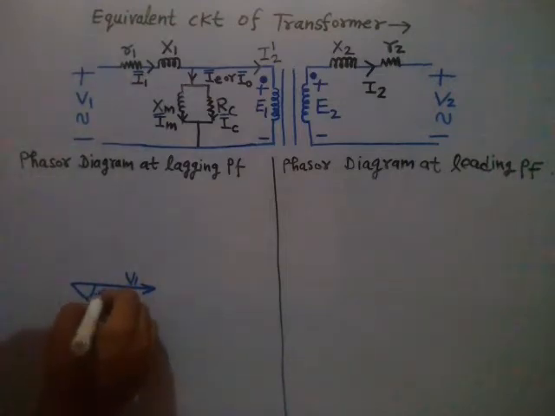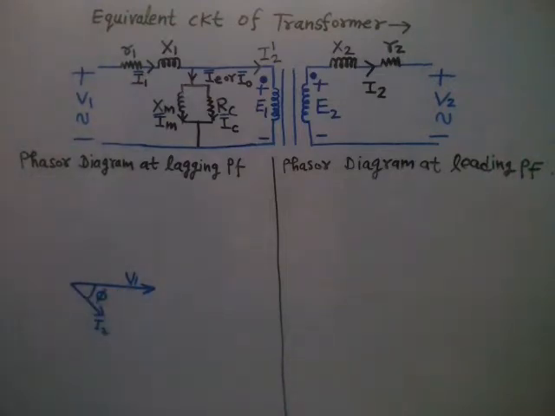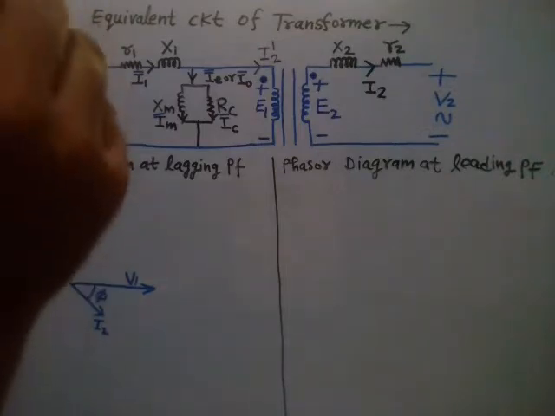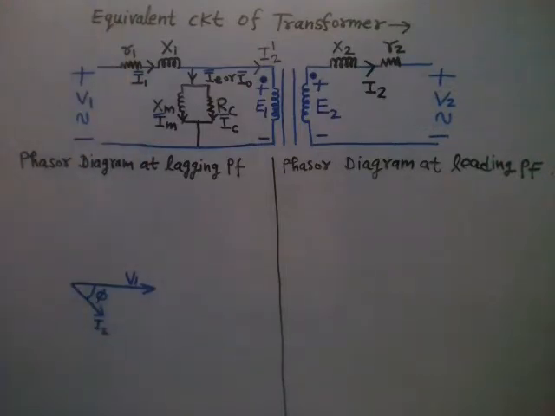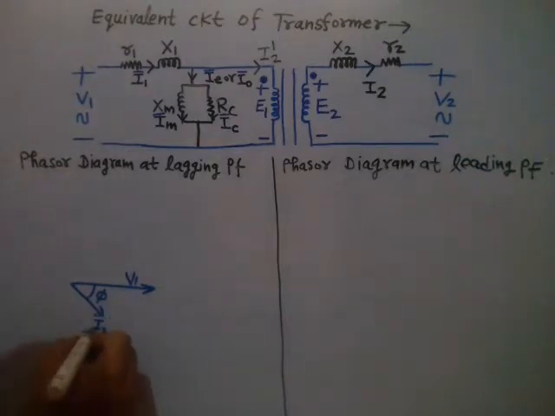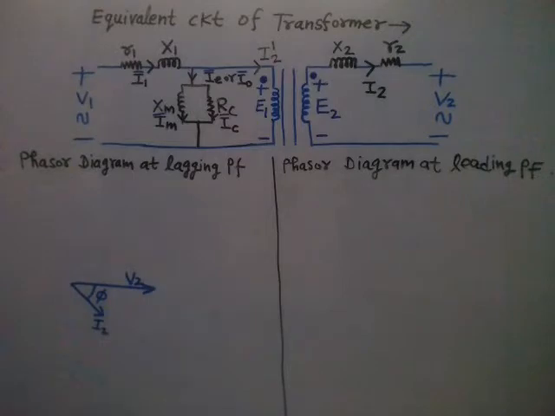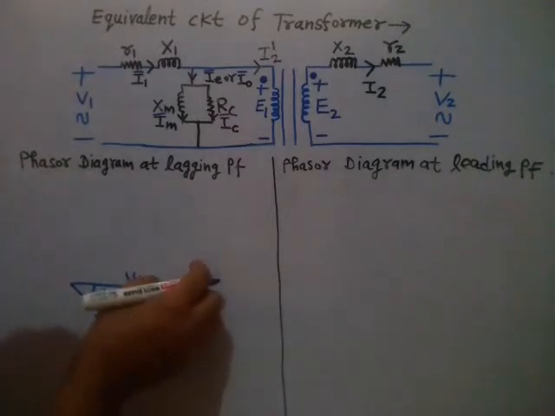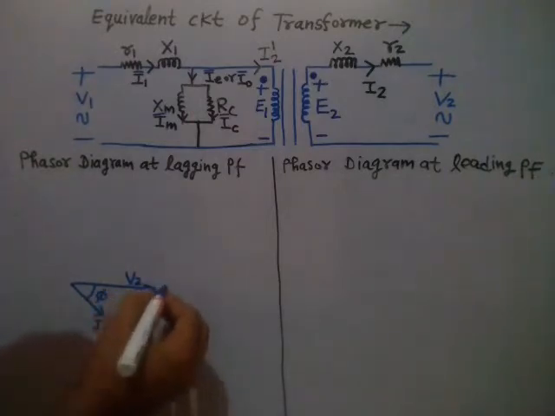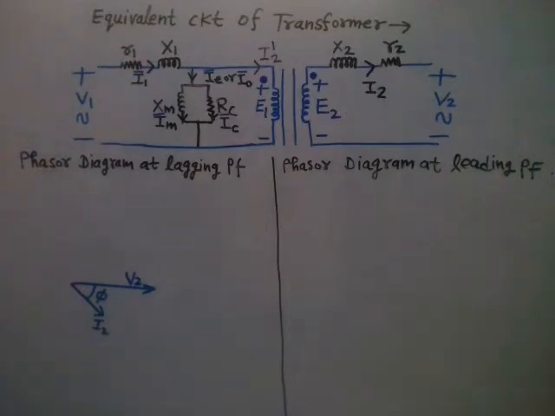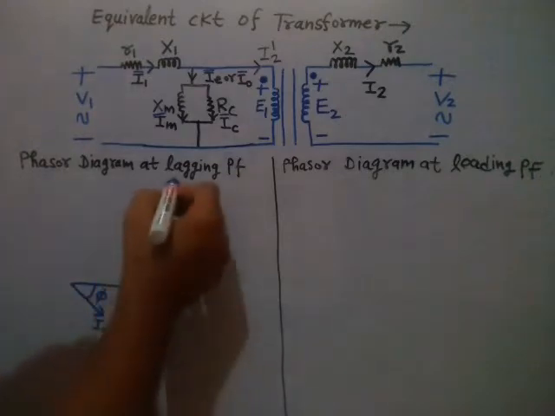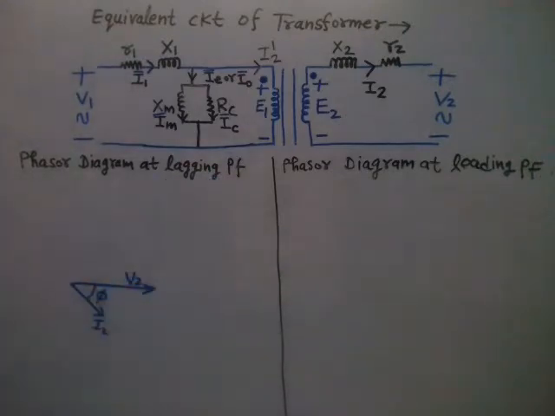It's a lagging power factor angle, the load power factor, so I2 will lag the load voltage V2. So now I have drawn V2 and I2 in step number 1 as per the given load condition. For lagging power factor, I2 will lag V2, right?